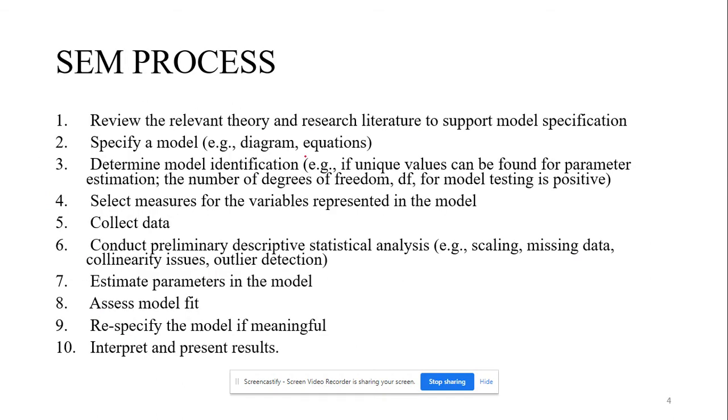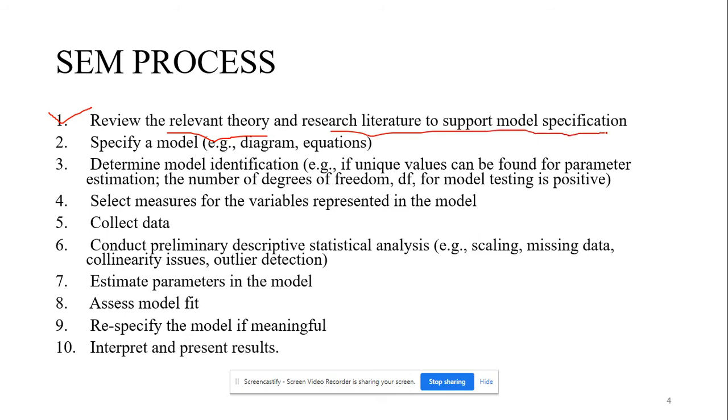So what is the SEM process in general? As a researcher, when you want to make a structural equation model, first you review the particular theory that we want to test, and then we look at the research literature. We do a literature review to support some model specification.